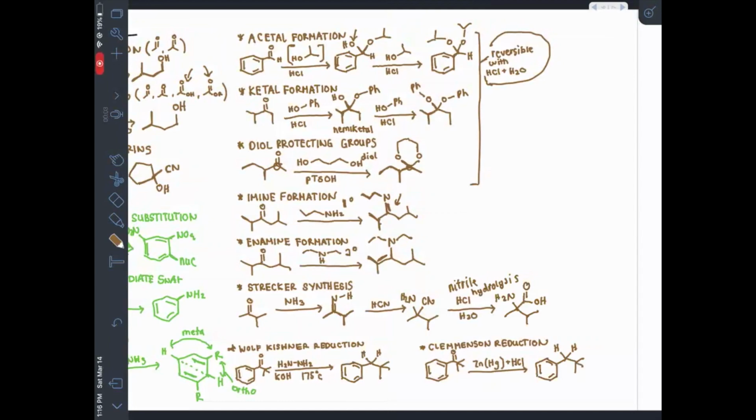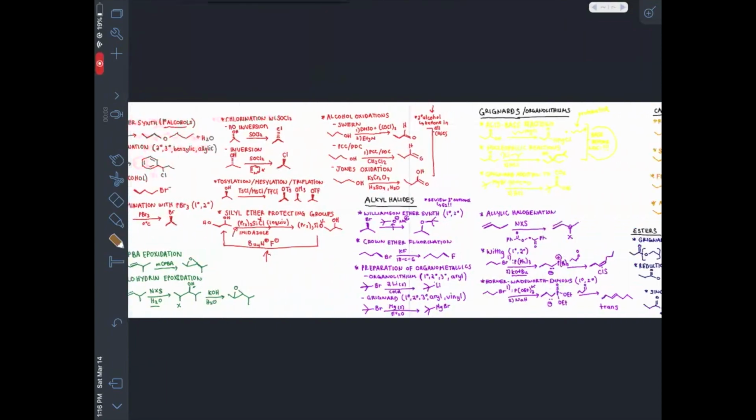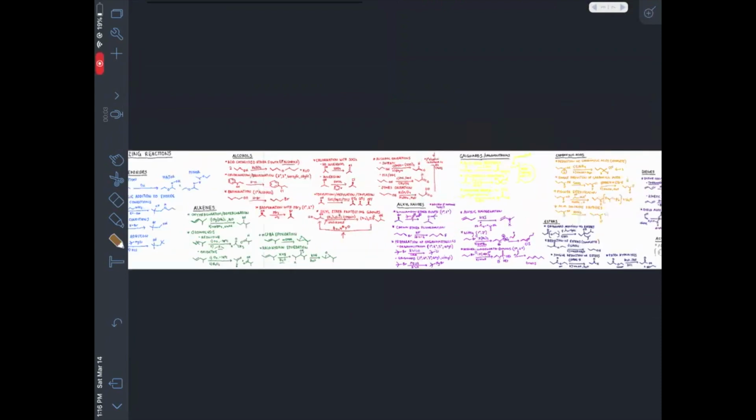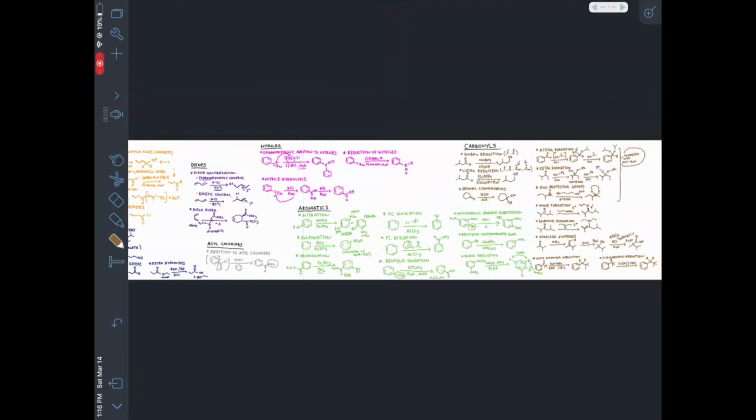Okay. And so that's all of the reactions that we've pretty much gone through for this whole class. And so, again, I really recommend that you look into these reactions more in depth and look at your notes, look at the certain specificities, the stereospecificity, stereoselectivity, all of those fine details about these reactions.